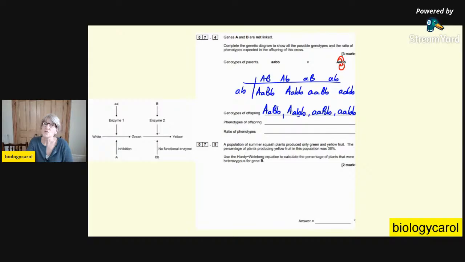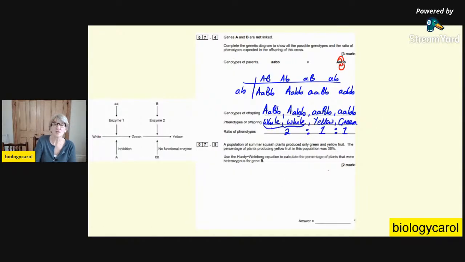The phenotypes of the offspring, let's go back to the diagram. Big A, we're not going to green, we're only getting white. So this would be white, this one would be white, this one would be yellow, and this one would be green.